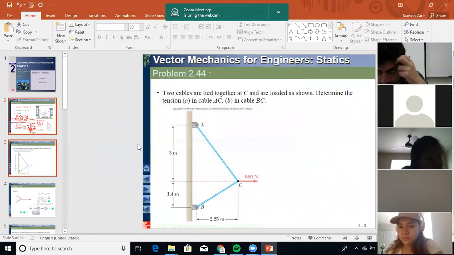Okay, so here we have two cables tied together at point C, and we have a horizontal load of 660 Newton at point C, and you have the dimensions here, and you need to calculate the tension in these two cables.